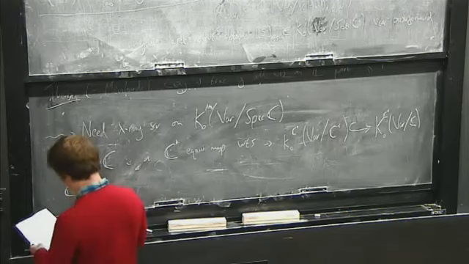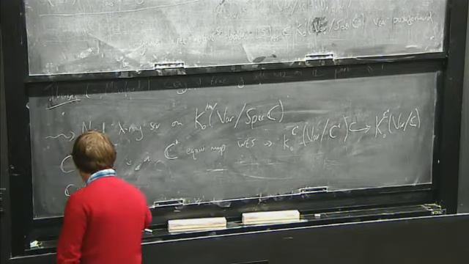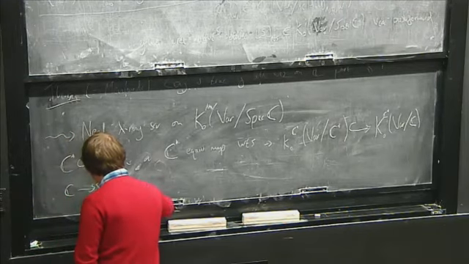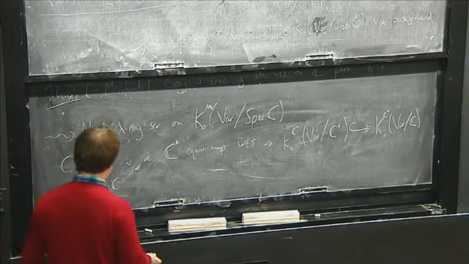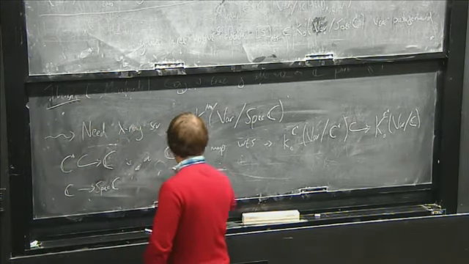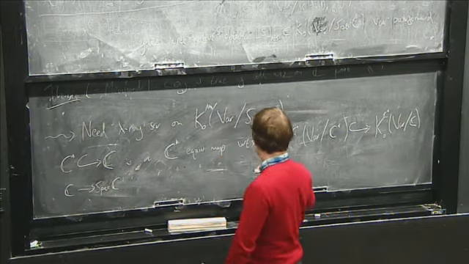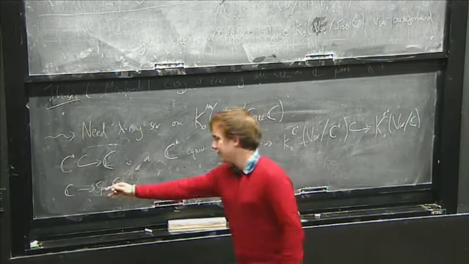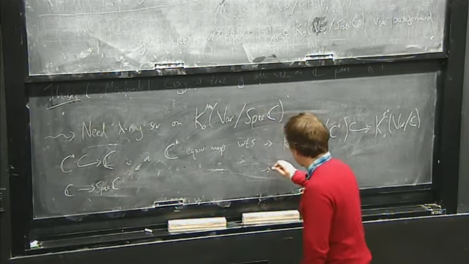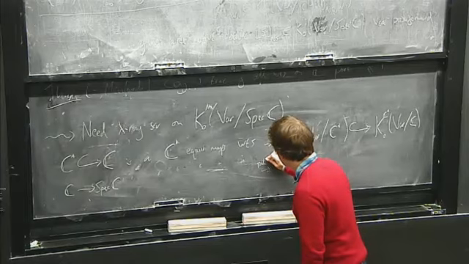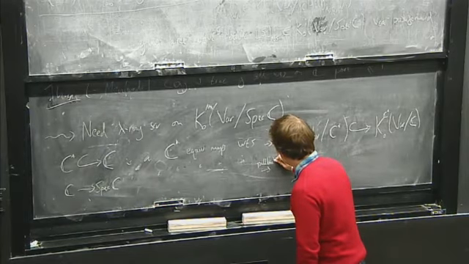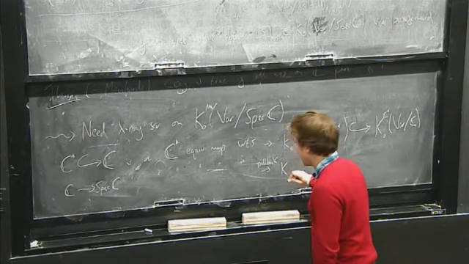Additionally, C mapping down to Spec C is again an equivariant map. So here, no weights. And this gives via pullback, i.e. via taking Cartesian products, a map the other way.